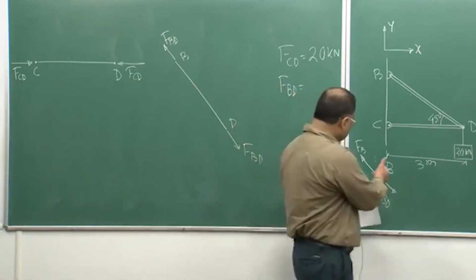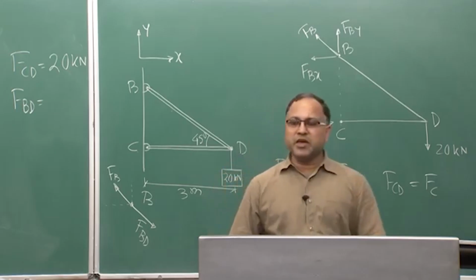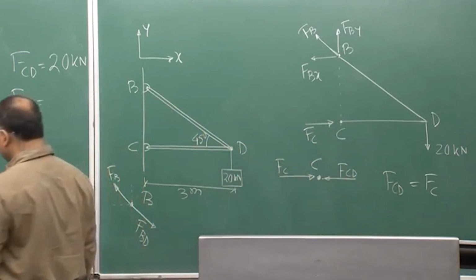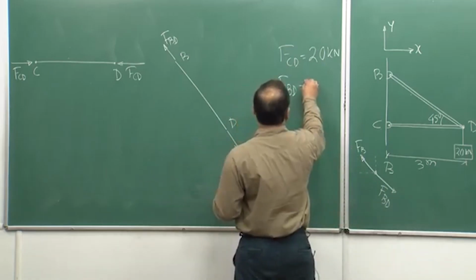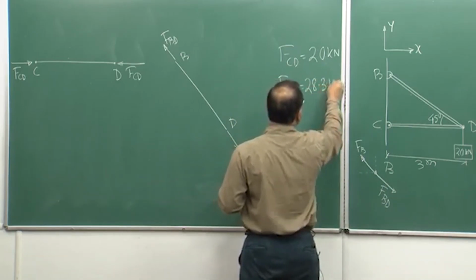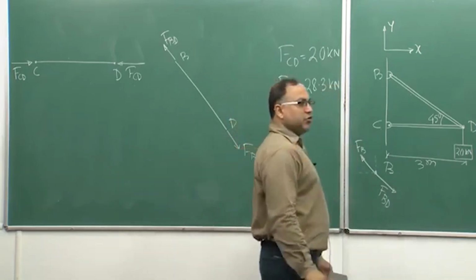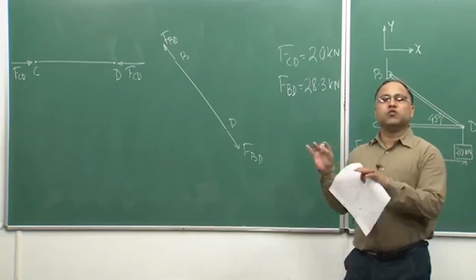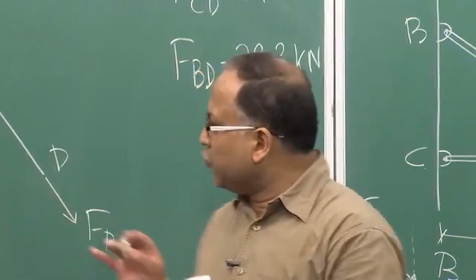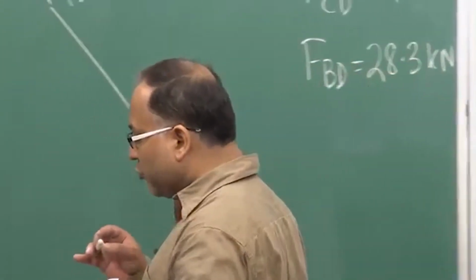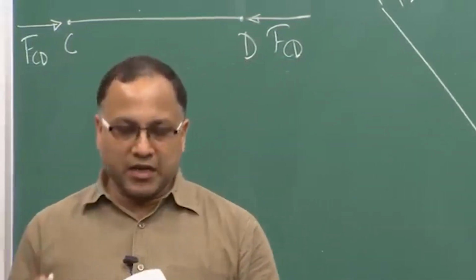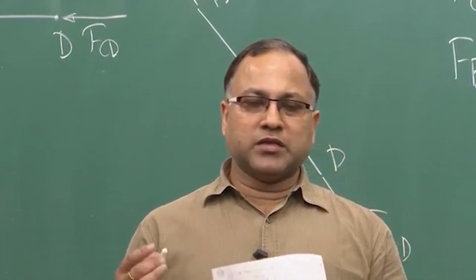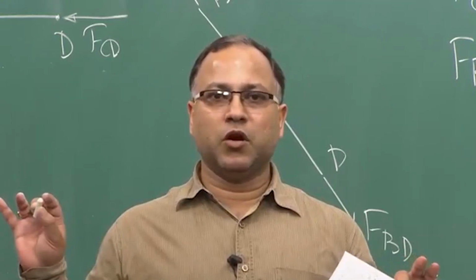So, from the equilibrium of joint B, you can simply say FBD is nothing but equal to FB. So, FB already you have calculated. So, FBD is nothing but 28.3 kilonewton. So, my study on the forces is over. I have got the information about the support reactions, and from the support reactions I have got the information about the member forces, right. So, the study of forces is all over.